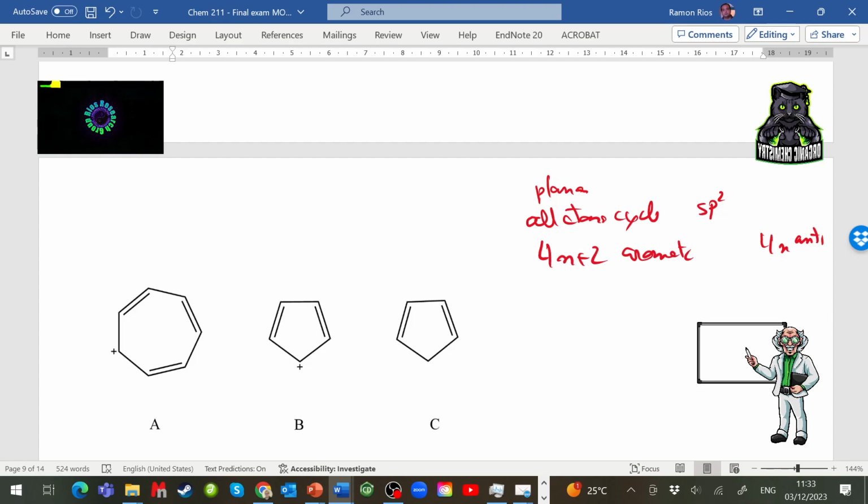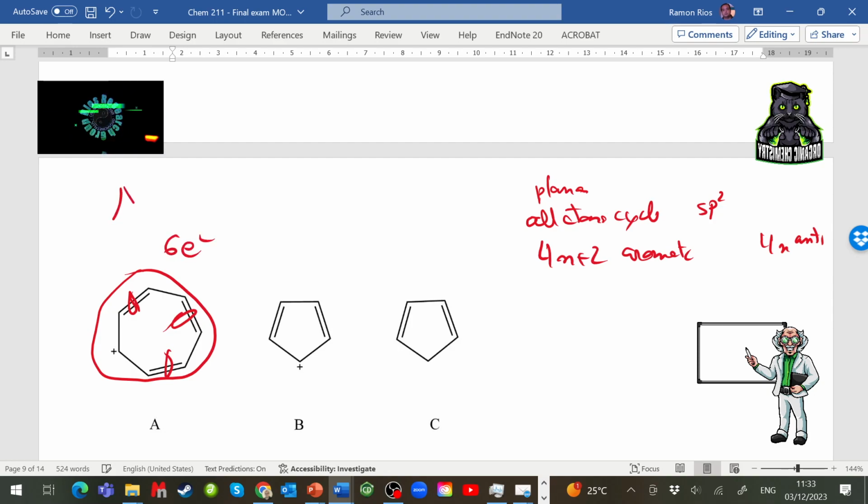First one, all is planar, all the carbons are sp2, some because they have a double bond, the other because it's a carbocation, so it has sp2. And how many electrons do we have? 2, 4, 6 electrons. This will be aromatic.